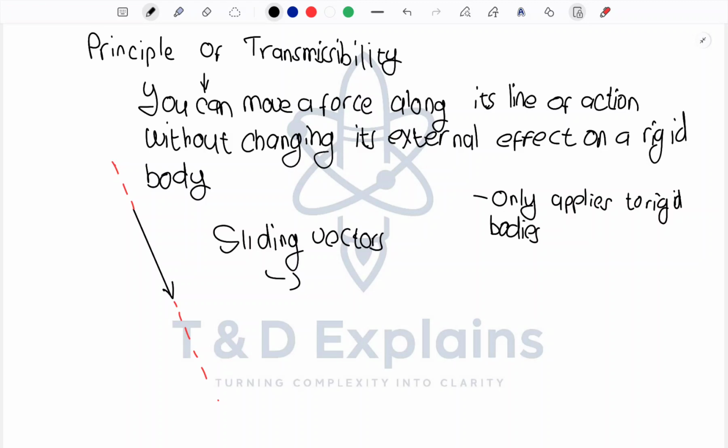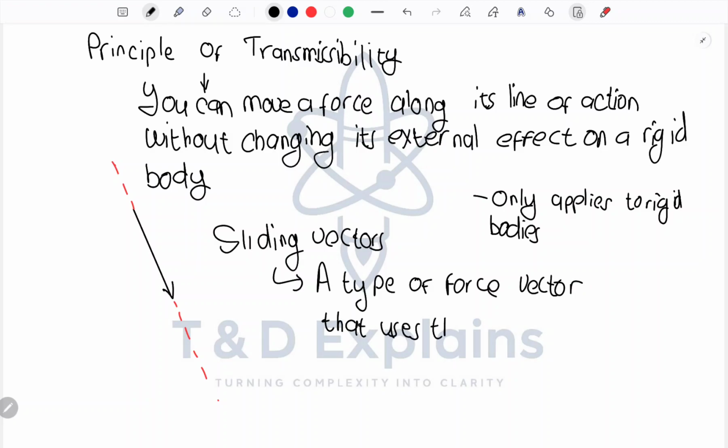So yeah, it's just another way of saying what transmissibility allows. You can simply say that a sliding vector is a type of force vector that uses the principle of transmissibility.